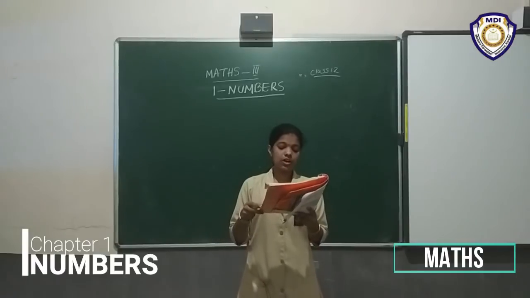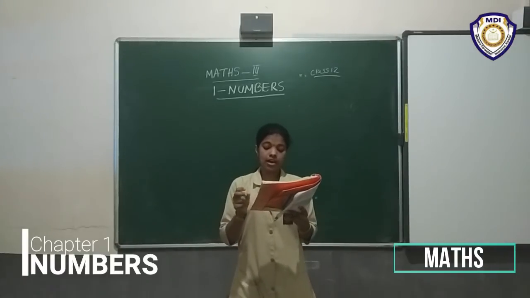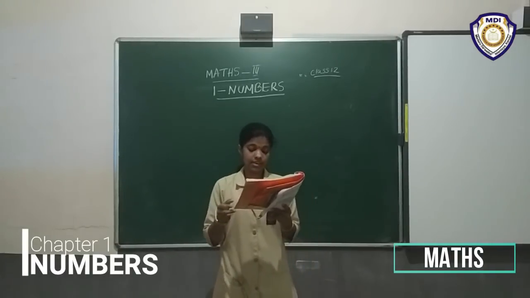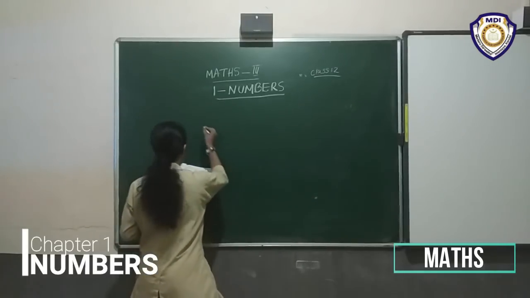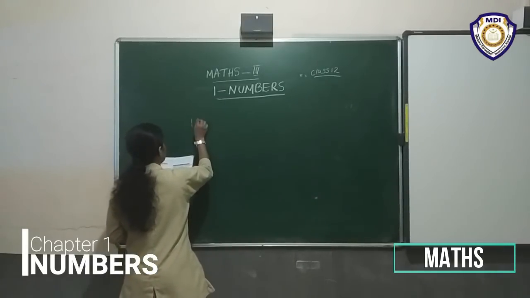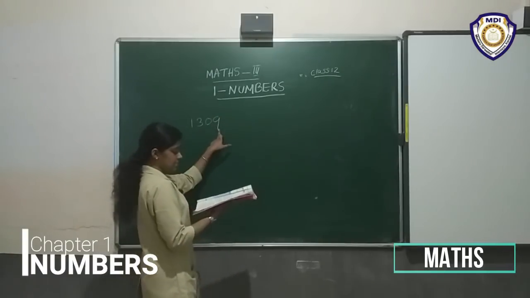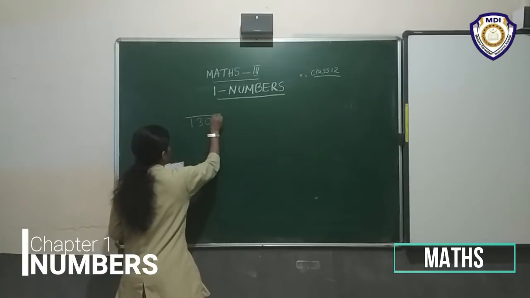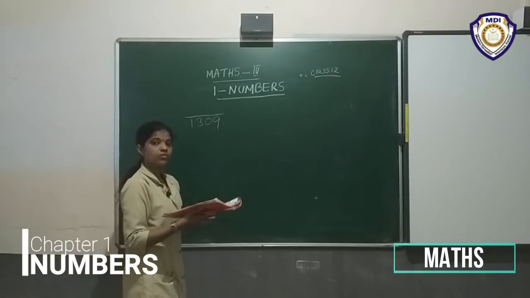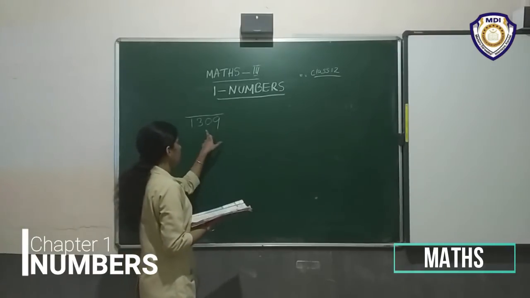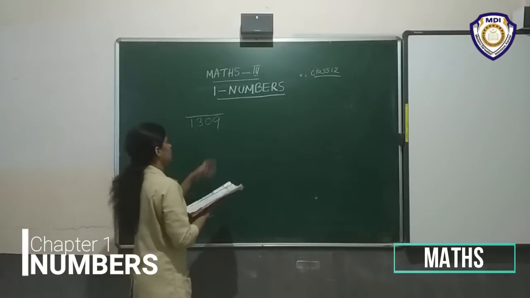Find the place value and the face value of the following as shown in the example here. 1309. Find out the place value and face value.